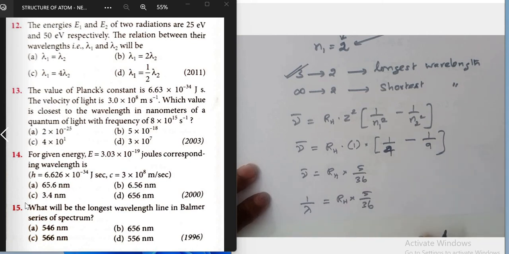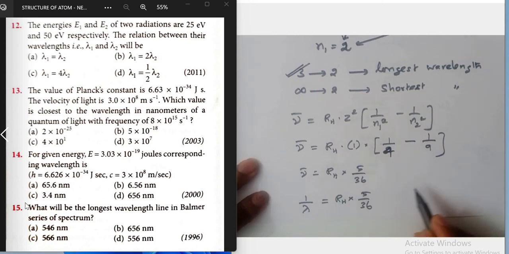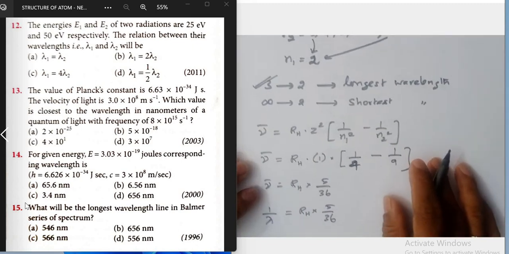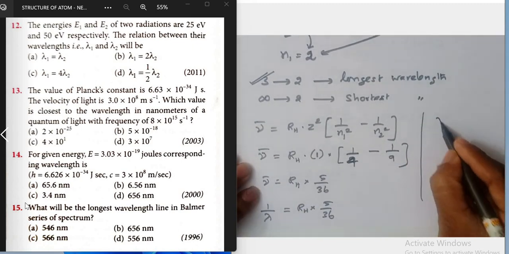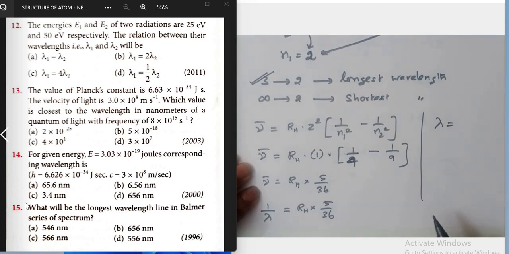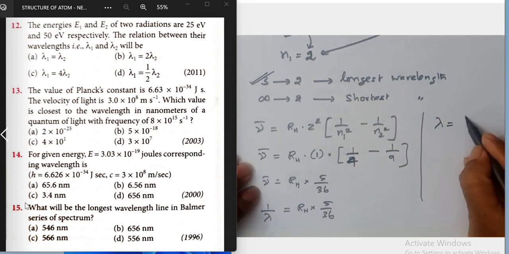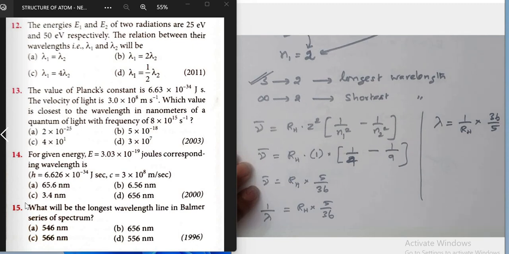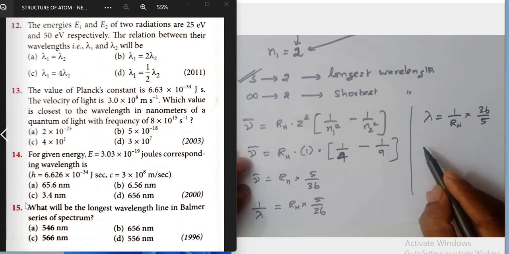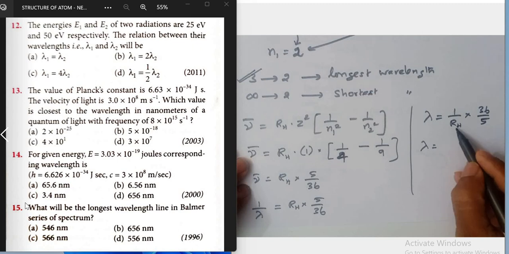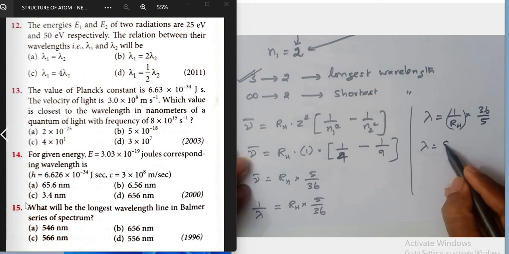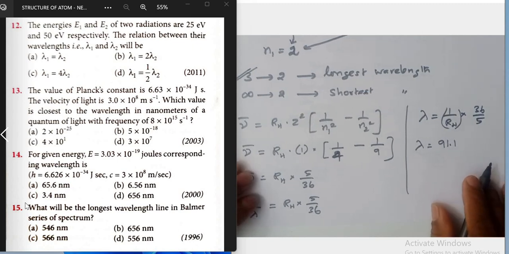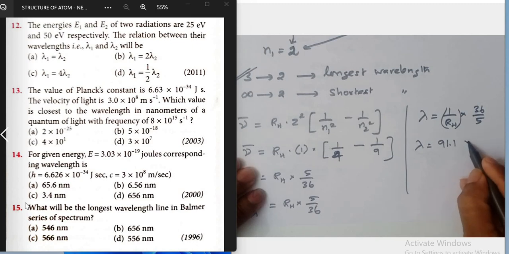If you want wavelength, we should take the reciprocal: lambda is equal to 1 by RH into the reciprocal of 5 by 36, which is 36 by 5. And you know, I have already given the 1 by RH value, which is 91.1 nanometer, into 36 by 5.